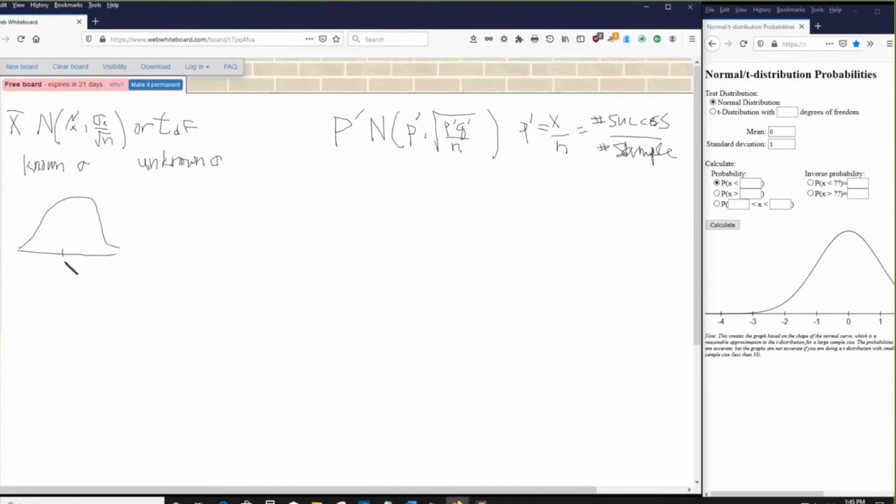So what this is saying is that if we have some mean, and we want to say we think the sample mean is going to be, say, here, then we want to know what is the probability that if we do a bunch of tests our mean is going to fall within this range.